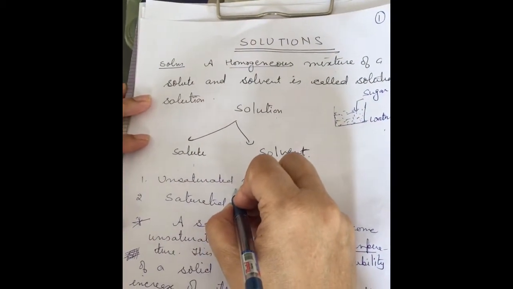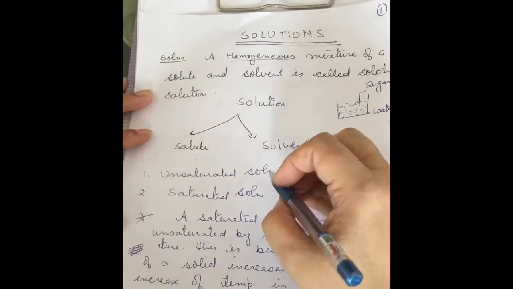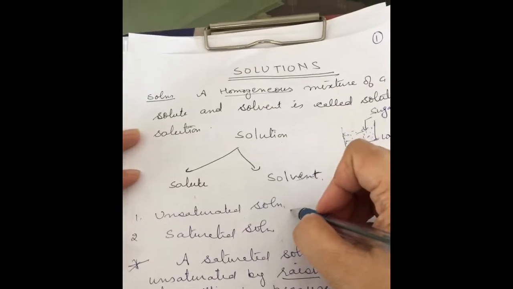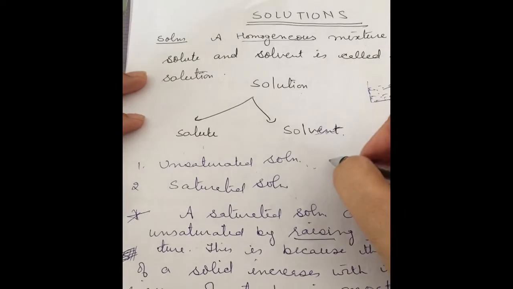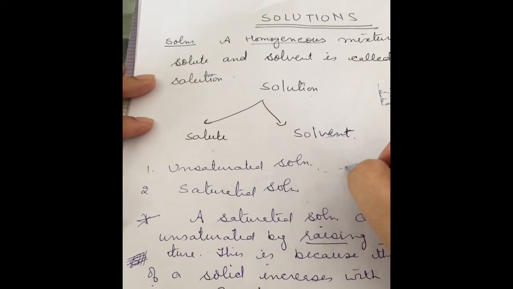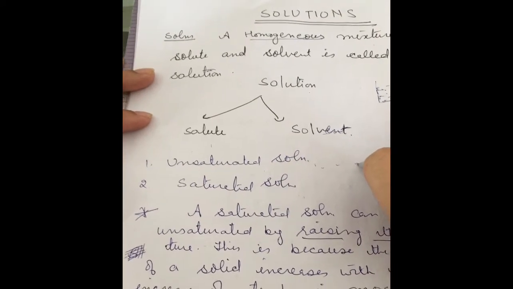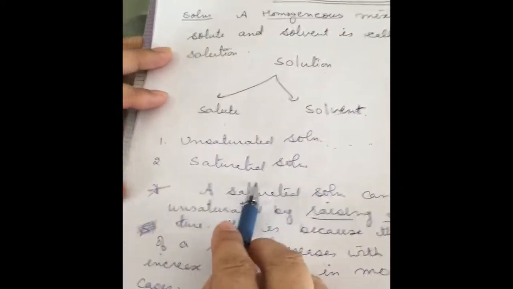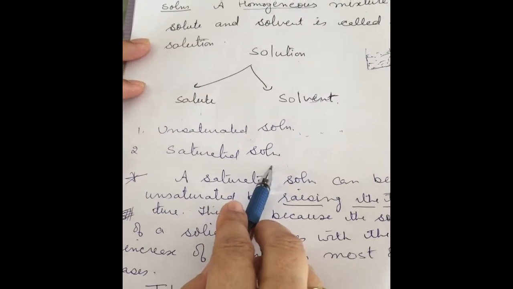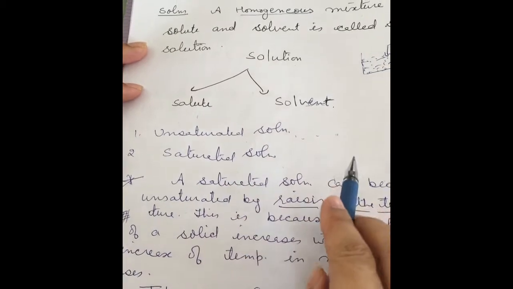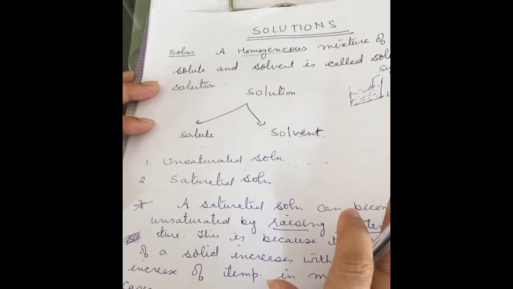Solution can be unsaturated or saturated. What is an unsaturated solution? A solution in which more solute can be added at a particular temperature is known as an unsaturated solution. Saturated solution: a solution in which no more solute can be added at a particular temperature is known as a saturated solution.